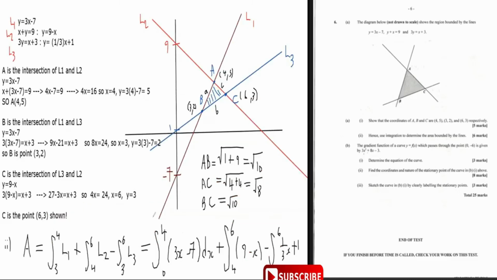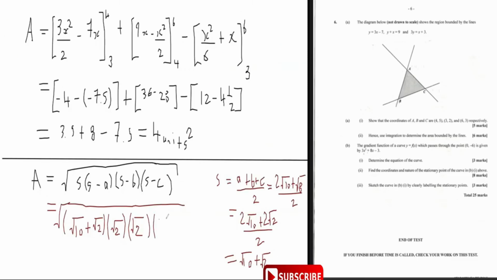And so this works out to be root 10 plus root 2 minus root 8. Now I want you to put all of this in a calculator. And you're going to get that this is equal to the square root of, putting all of this in a calculator, root 10 plus root 2.